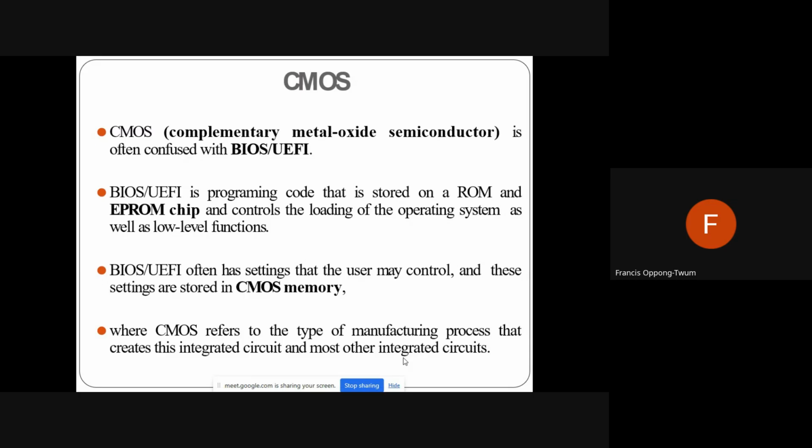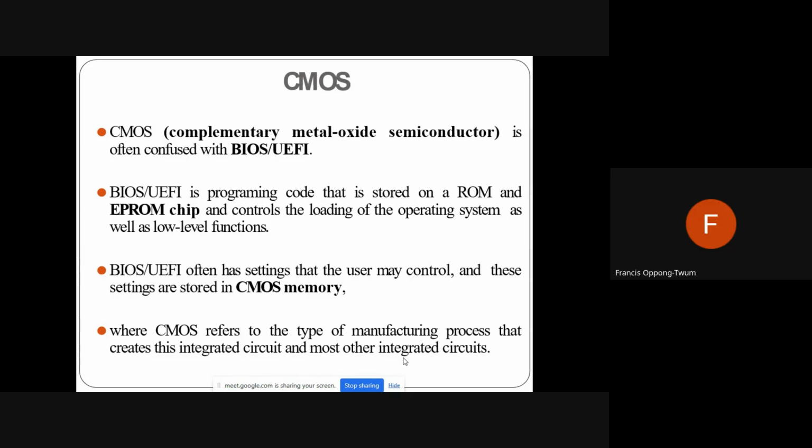So the battery is specifically the CMOS battery. The full meaning of CMOS is complementary metal oxide semiconductor. And it is sometimes confused with the BIOS and the UEFI. So what do we say about that?